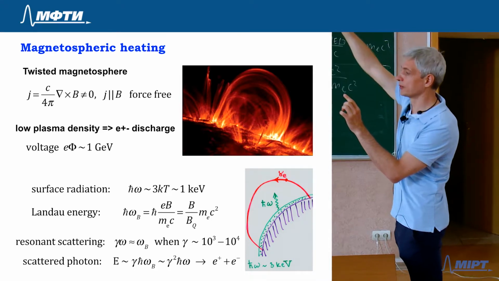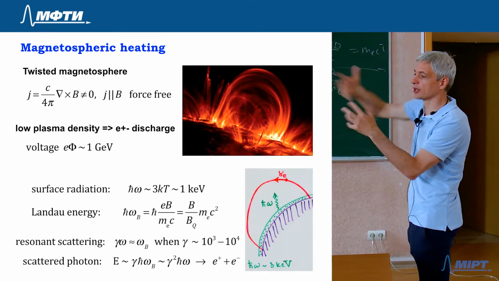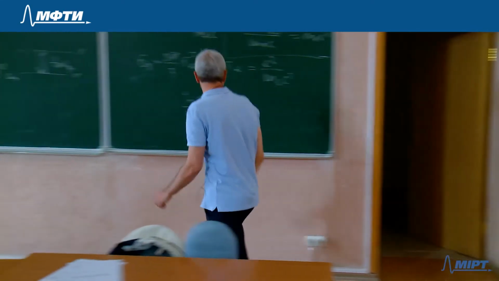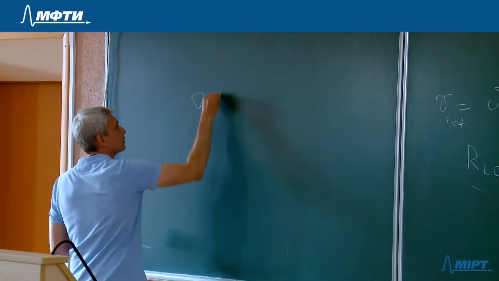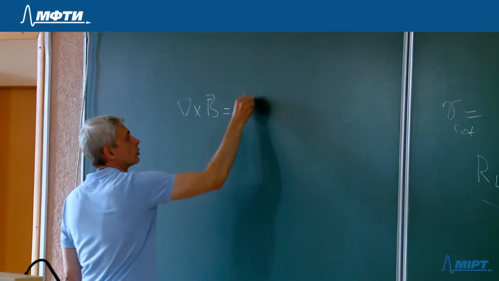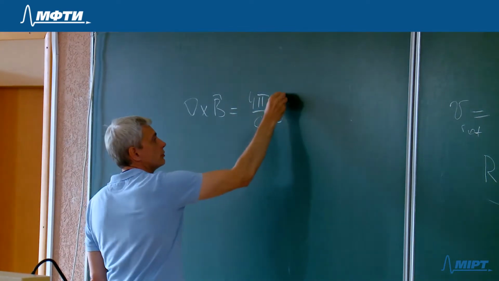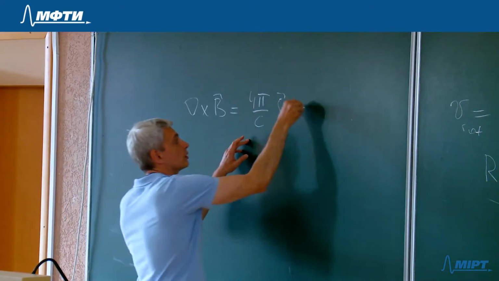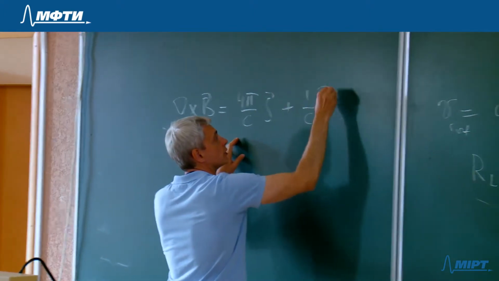moving along the magnetic field line that has been twisted and therefore would like to conduct current, and it's missing this current, which means that you are trying to create curl B by motion, and curl B is equal to 4 pi over c times the conduction current, but there is an additional term in this equation, the displacement current.